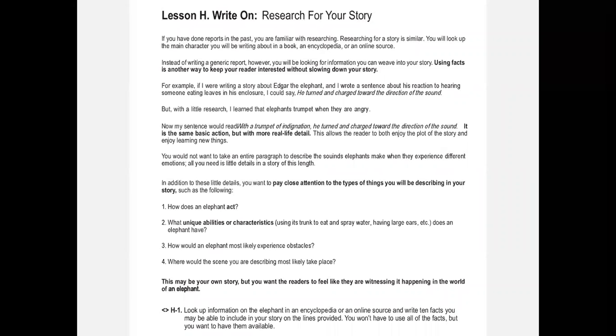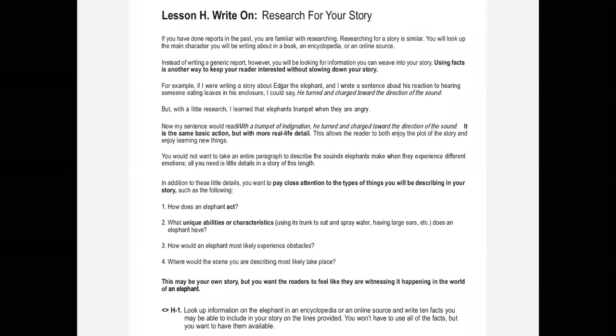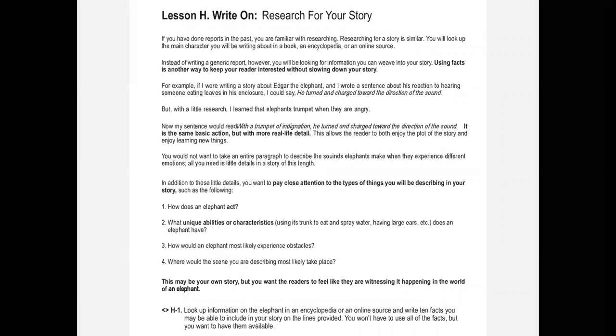But with a little research, I learned that elephants trumpet when they are angry. Now my sentence would read, with the trumpet of indignation, he turned and charged toward the direction of the sound. It is the same basic action, but with more real life detail. This allows the reader to both enjoy the plot of the story and also learn new things.